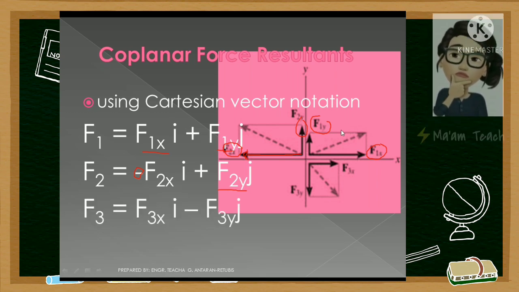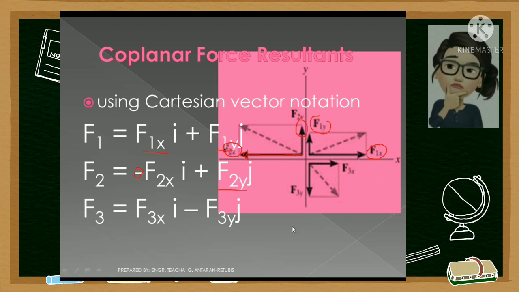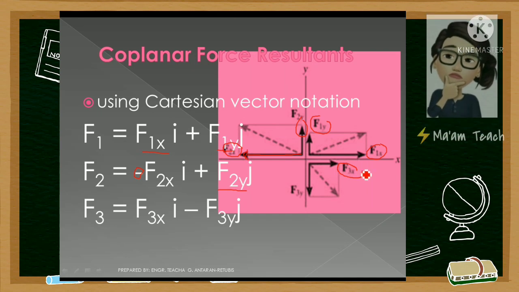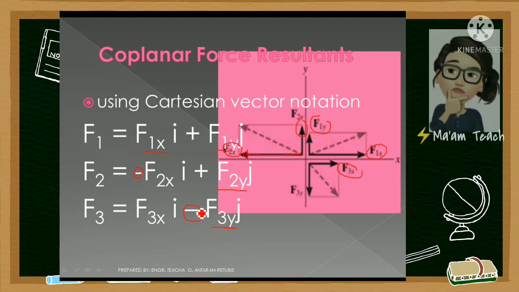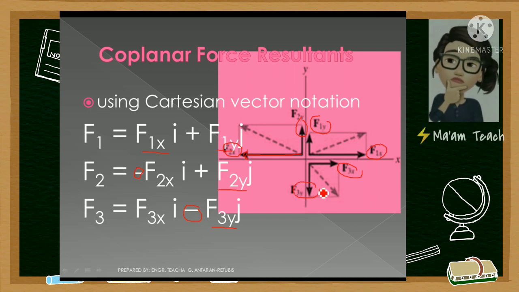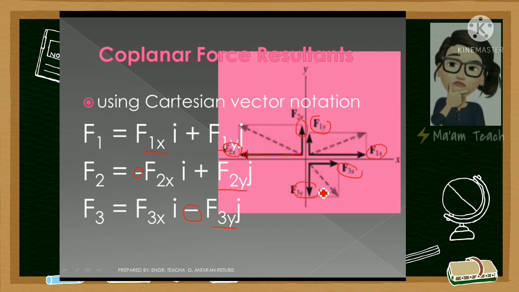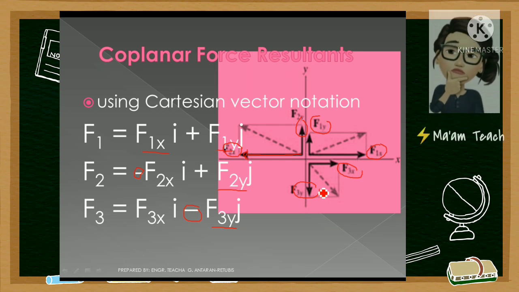Now, how about F sub 3? As you can see, the x component there is positive because it is going to the right, while the y component is negative because it is going downwards. Simple as that, class. Once we know the x and y components, we can express it easily in Cartesian vector notation.